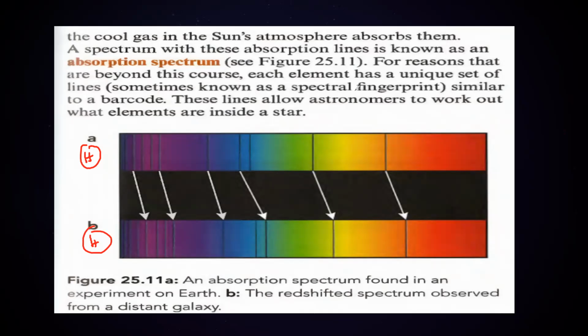The nearest galaxy. Our neighbor, the nearest galaxy, Andromeda, is giving us the blue shift because it is coming towards us. This is known as the absorption spectrum or line spectrum.